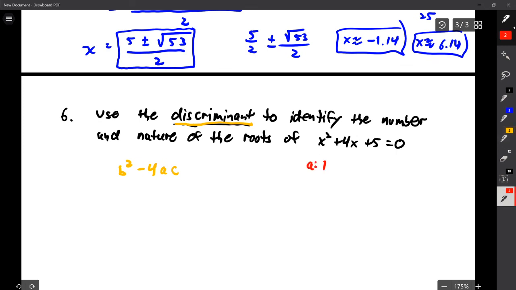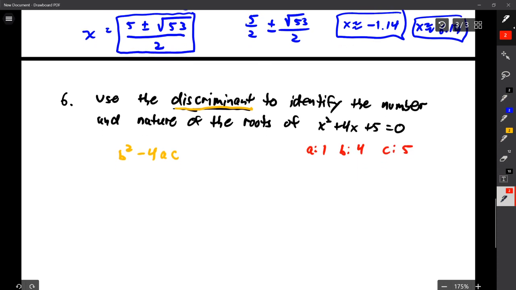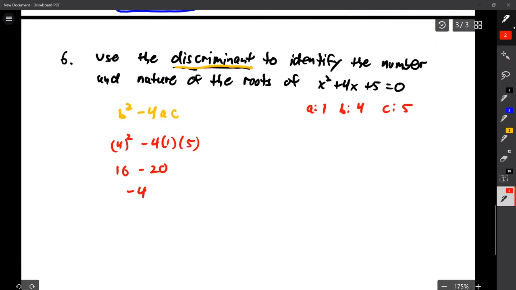A here is 1, b is 4, c is 5. So if we plug those in, our discriminant is 4 squared minus 4 times 1 times 5. So that's 16 minus 20, or negative 4. My discriminant is negative 4.